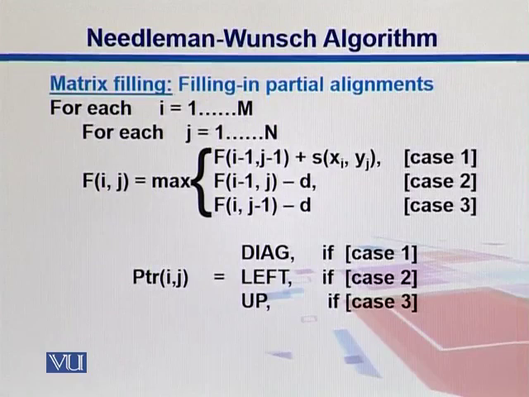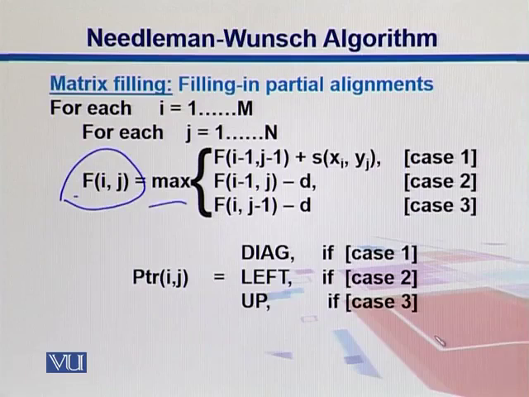So we are filling those alignments for I equal to 1 through M, maybe this I is running over your rows and j is running over the columns. You can flip around, doesn't matter. So M is the length of one string and N is the length of the other sequence. Then this scoring function right here, F(i,j), picks up the maximum score among these three possibilities. Number one, you are getting this from the diagonal, and here is your actual score which you are putting right over here.